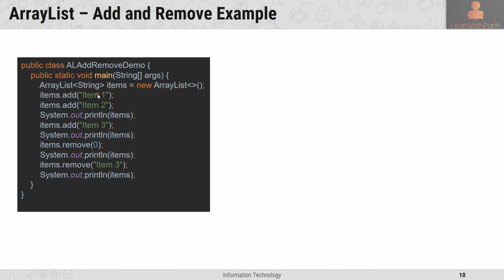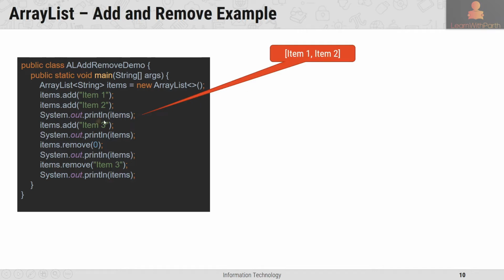Now to add an element to this ArrayList, we can use the method called add. On this line, I'm using the add method and adding item 1 to this ArrayList, and after that I'm adding item 2. After that, if I do System.out.println of items, it would have two elements, item 1, item 2.